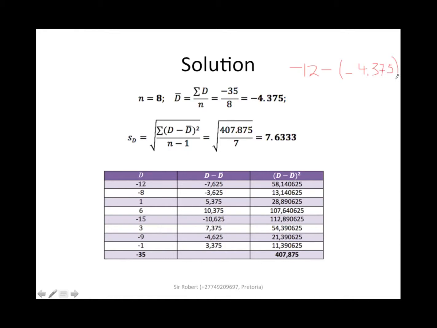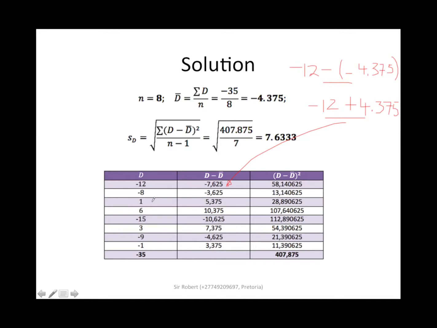It means that two negatives become a plus, so it becomes minus 7.625. You understand? So when you solve this one, that's how you get this one.